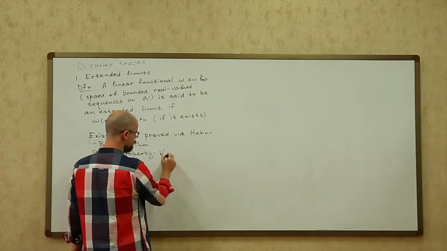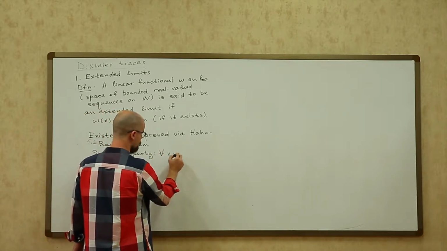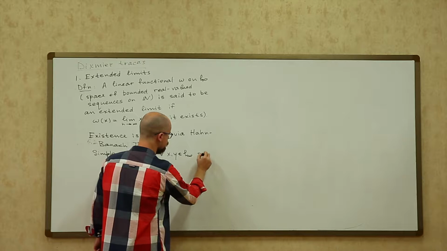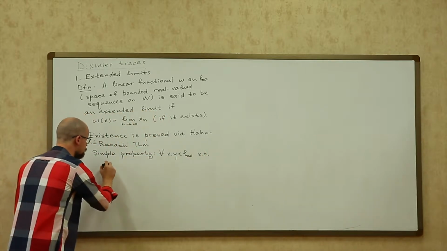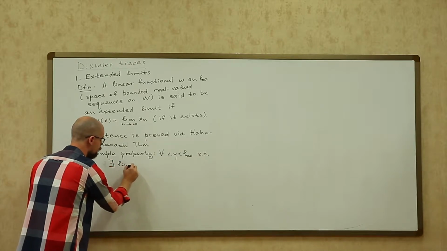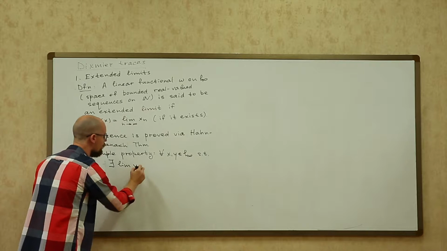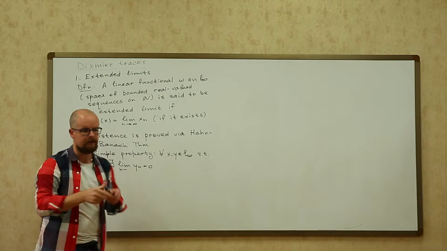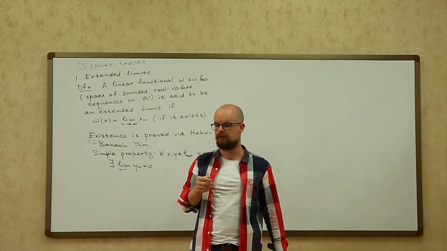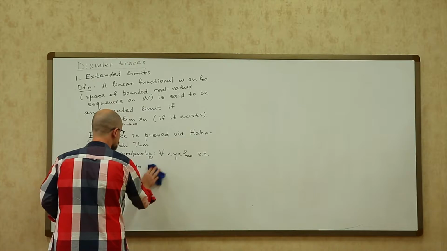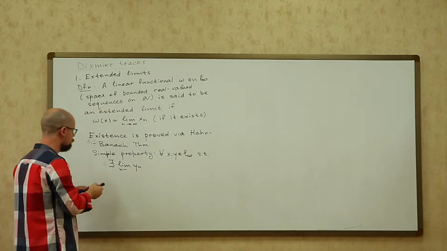Simple property. If we take two bounded sequences, x and y, such that say x is convergent, that there exists the limit of x, and y is just bounded, regardless of the value.